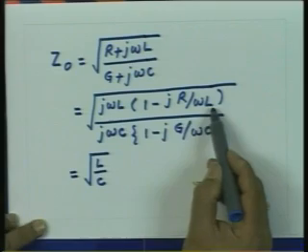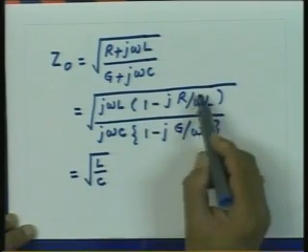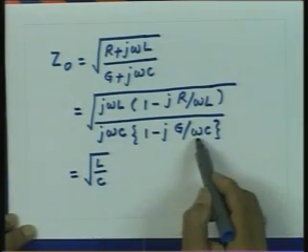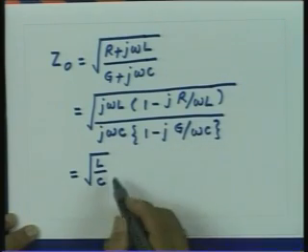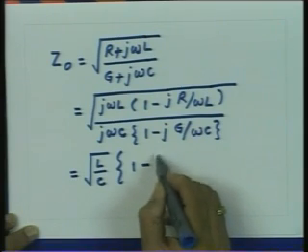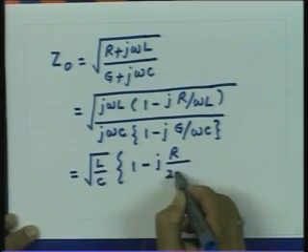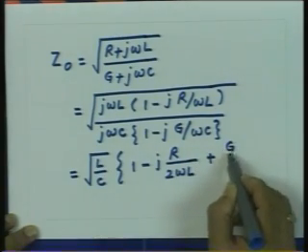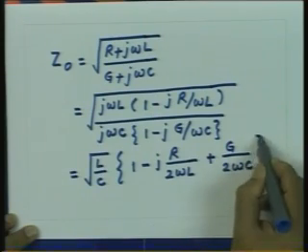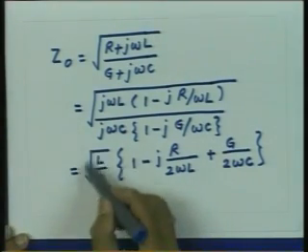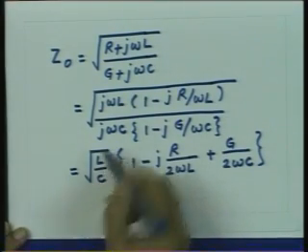I can expand these parameters again, and we can write this as square root L upon C. Since R by omega L is very small, this square root can be approximated by 1 minus j R upon 2 omega L, and similarly for the denominator 1 minus j G upon 2 omega C. I can bring this to the numerator and then approximate it to write 1 minus j R upon 2 omega L plus G upon 2 omega C. So, in the characteristic impedance, this quantity square root L by C is real, which is nothing but the characteristic impedance of the lossless transmission line.